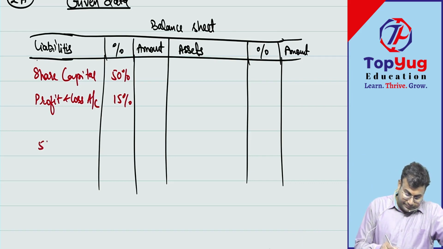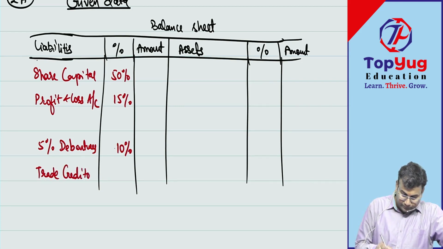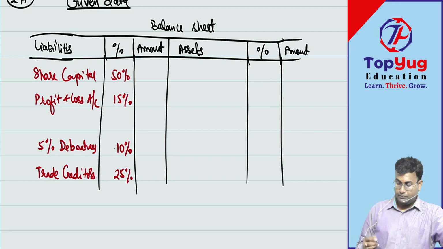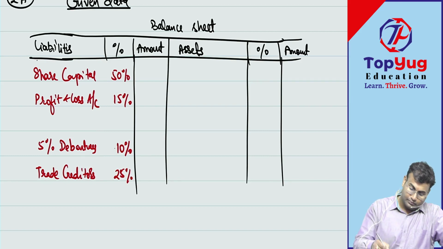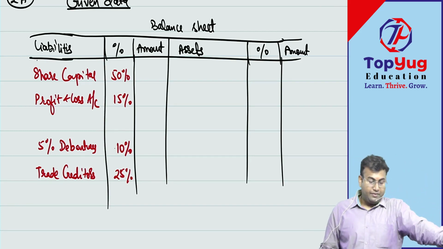Then you will have 5% debenture. Are we all good here?